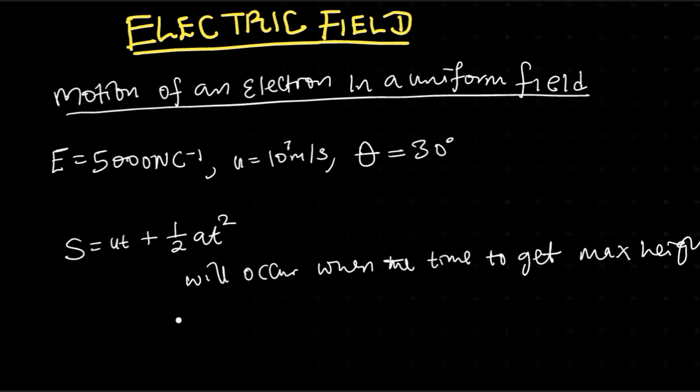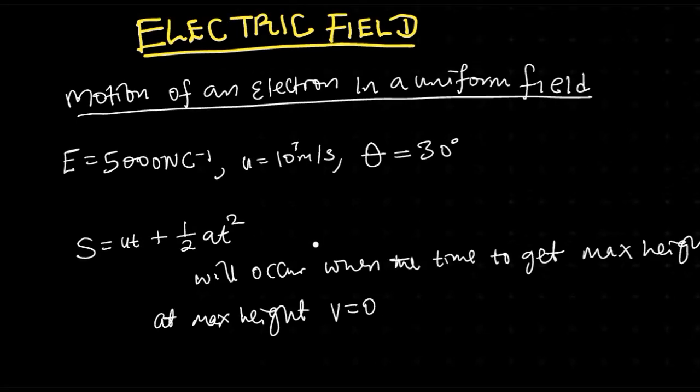So first of all, how do we calculate the time it takes to get to the maximum height? Remember that at maximum height, final velocity v is equal to 0. Remember that v is equal to u plus at.